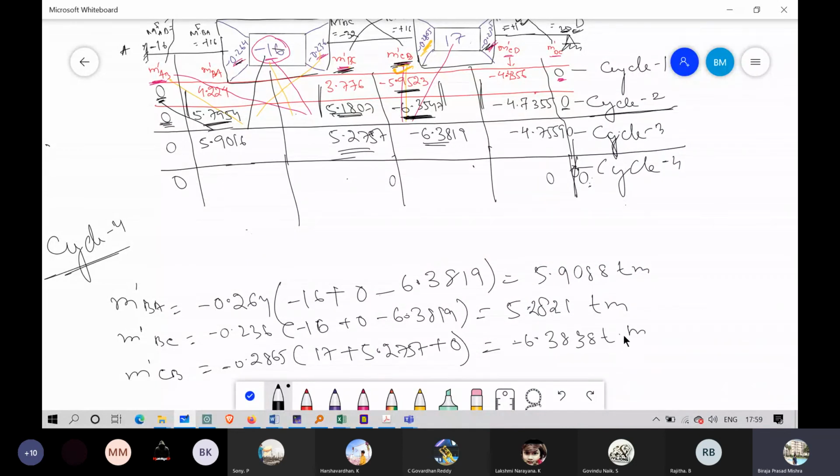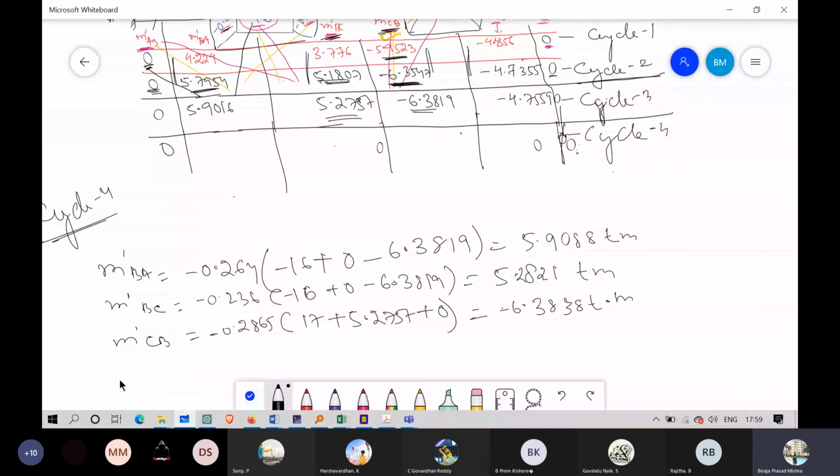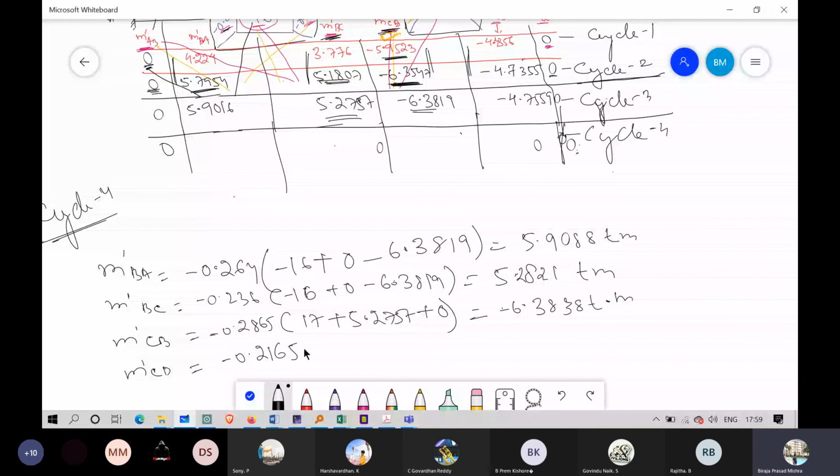Now the next value is M bar CD. M bar CD equals minus 0.2165 into 17 plus 5.2757 plus 0. How much is coming? This one is coming minus 4.7572.